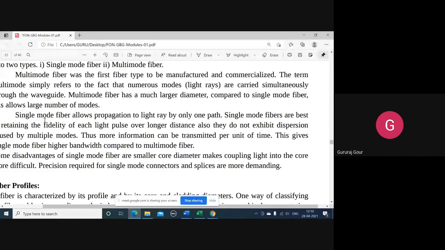One pattern corresponds to one path. You can see here, single mode fiber allows propagation of a light ray by only one path with one unique pattern throughout from transmitter to the receiver. Comparatively, if you go to multi-mode, there are multiple rays with different patterns.